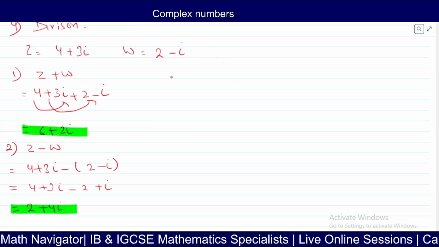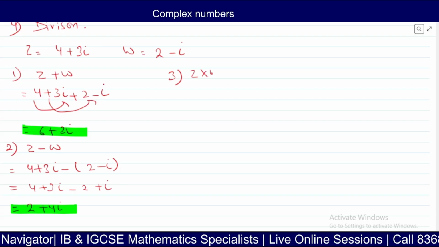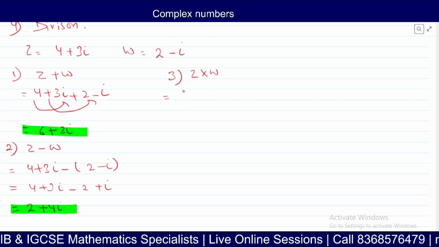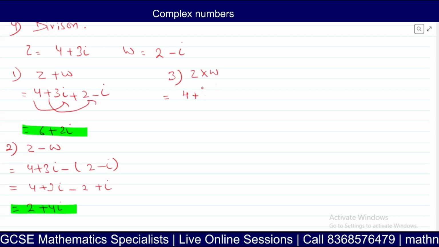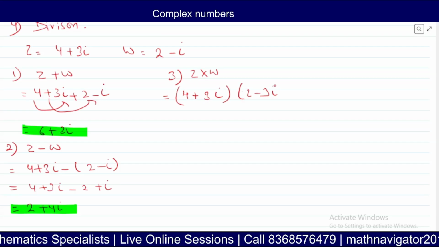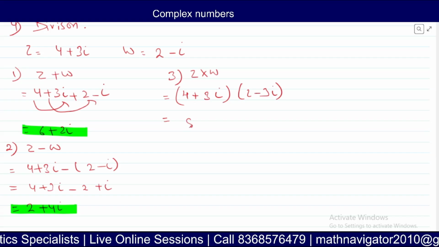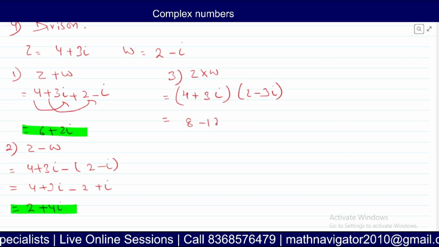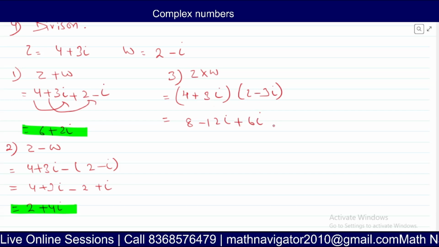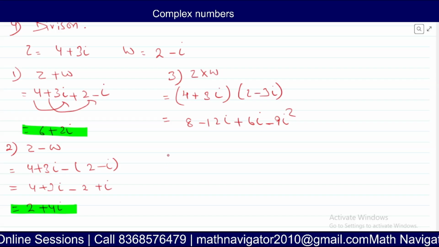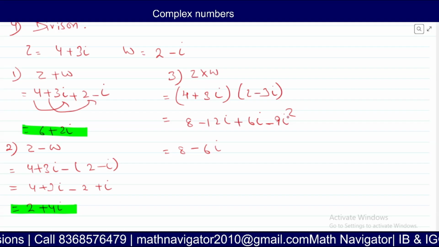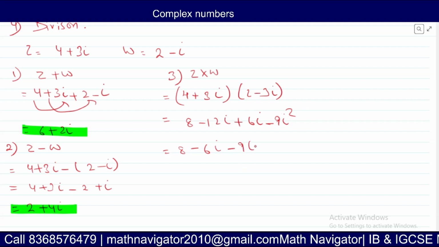If I talk about, let's say, z times w. Got it? So this will give me 4 plus 3i times 2 minus 3i, which will give me 4 2s are 8, negative 4 3s are 12i, plus 6i minus 9i squared. 8 minus 12i plus 6i is minus 6i, and then i squared can be written as minus 1, right?